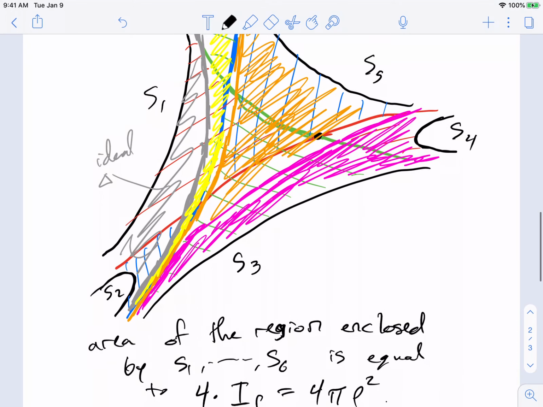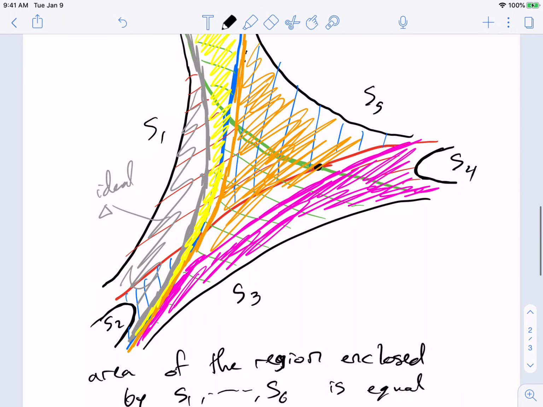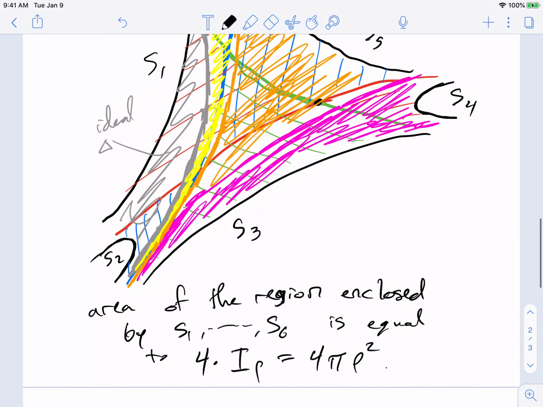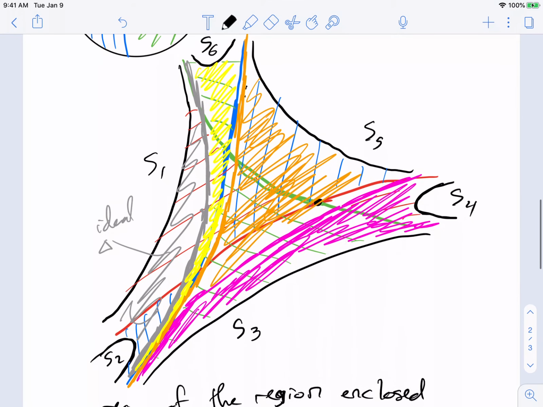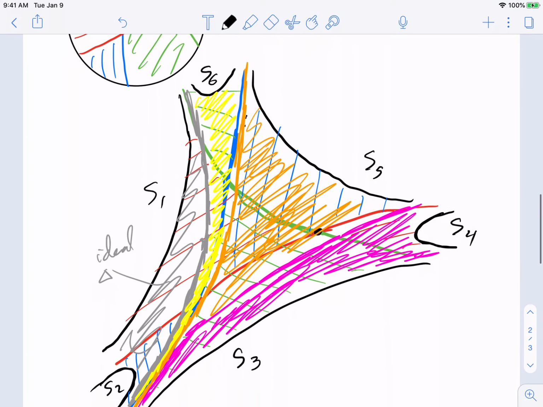The area of the region, this ideal hexagon, is equal to 4 pi rho squared. It's kind of interesting that it's the same number. And it was formed by these 6 things, which weren't lunes, but 6 2/3 ideal triangles. There were the 2 red ones, the 2 blue ones, the 2 green ones, just like in the sphere picture.